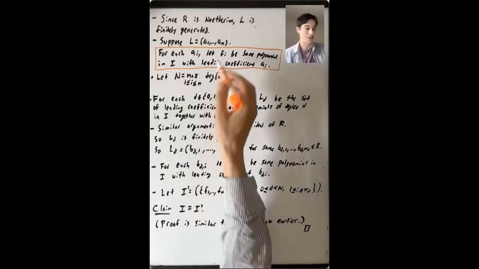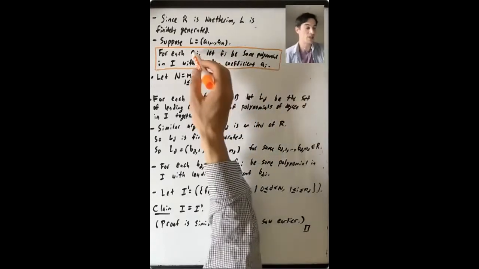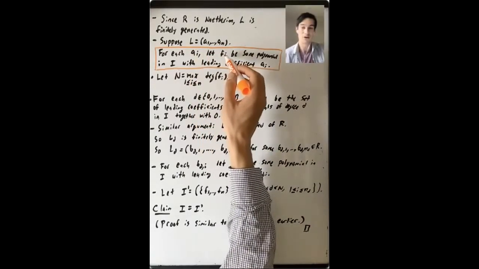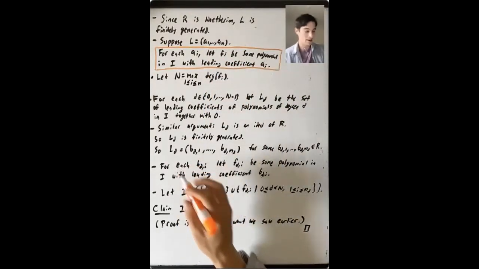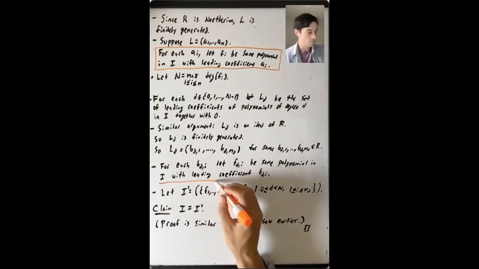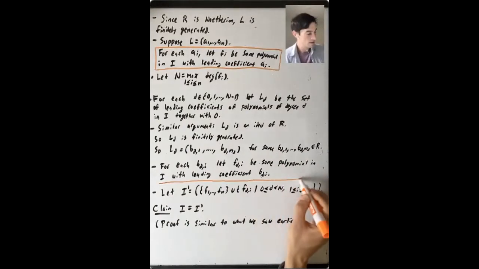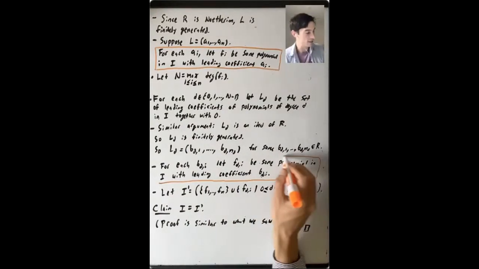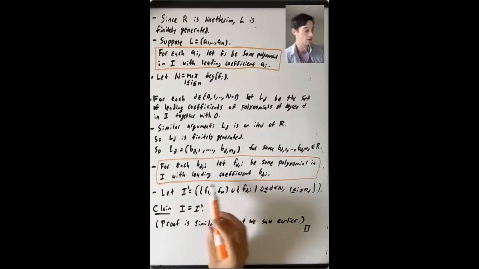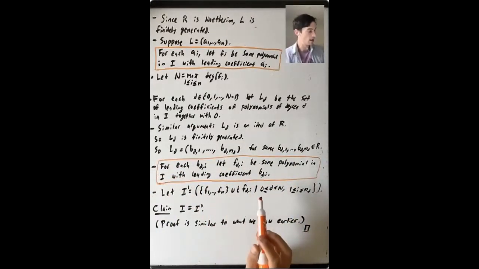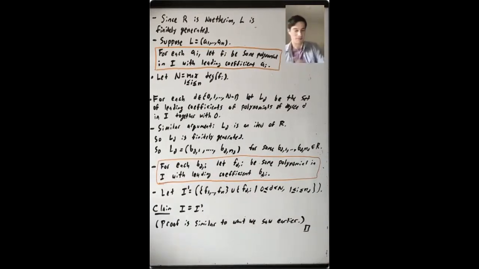Okay, and now just like up here, for each Ai we're going to pick this polynomial Fi in I with leading coefficient Ai. Here, for each Bdi, we're going to let Fdi be some polynomial in I with degree d. Oh, sorry, I'm missing something important here.